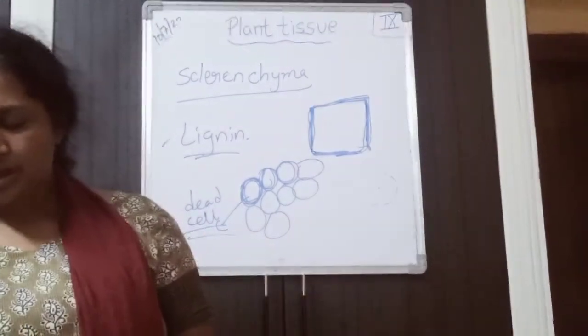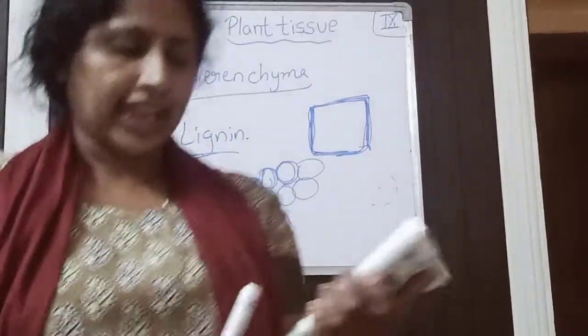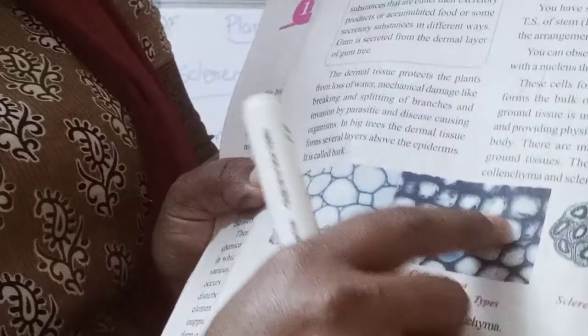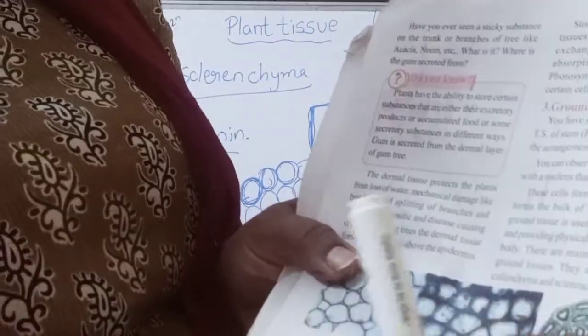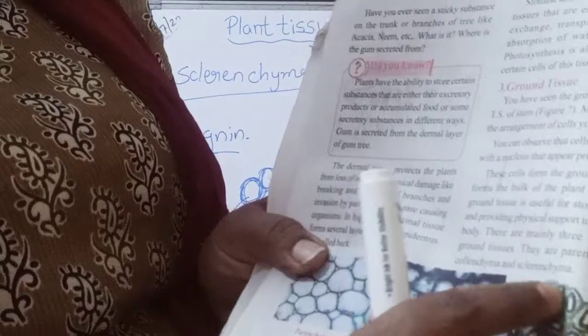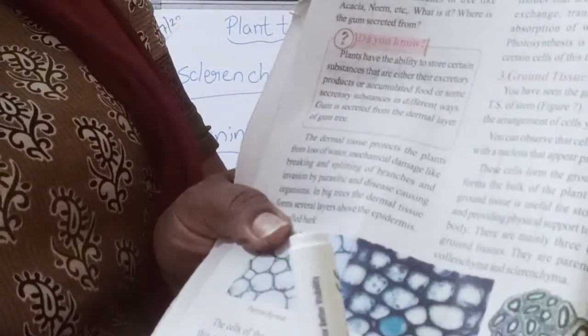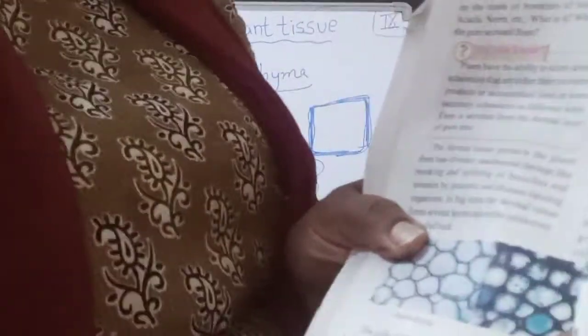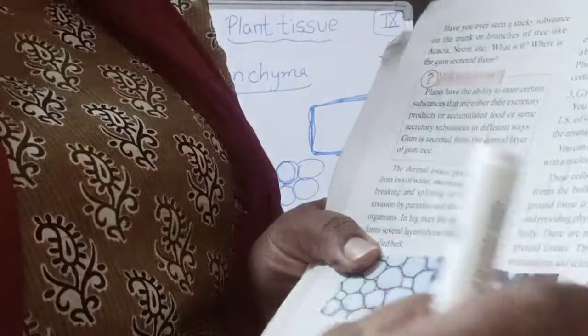If you see this diagram, this is our parenchyma cells. This is our collenchyma cells. Both are living cells, and this sclerenchyma, they are compactly arranged without any intercellular spaces, and they are giving mechanical strength.